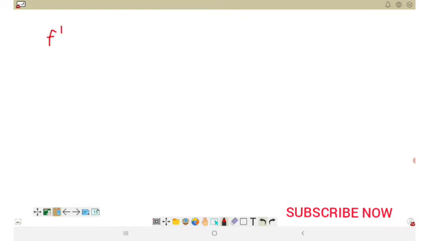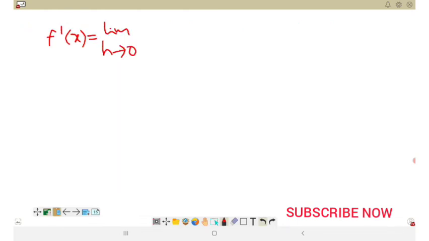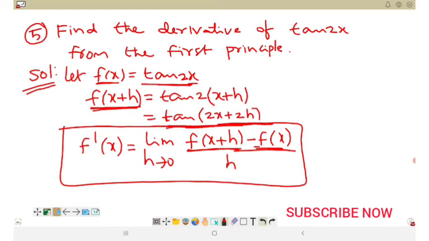F dash of x equals limit h tends to 0. So here f of x plus h is tan of 2x plus 2h, minus f of x, which is tan 2x, by h.